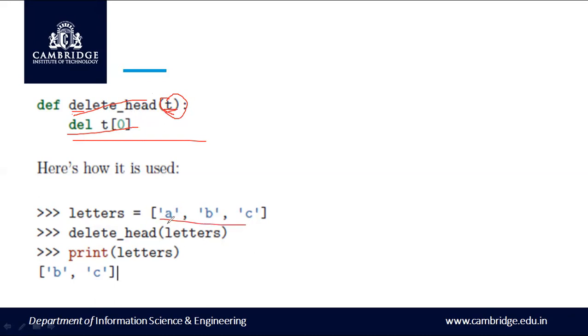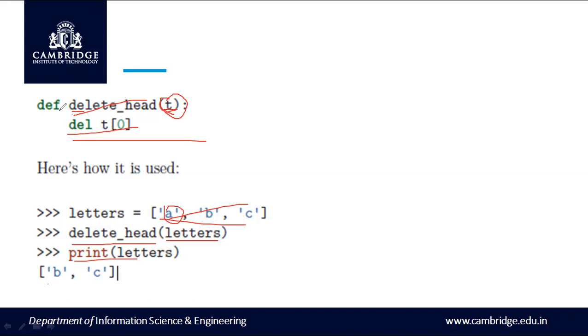You can see the list ABC, it consists of the elements A, B, C. When you pass this list as a parameter to the function delete head and print the list, you can see the first element being deleted. Why?